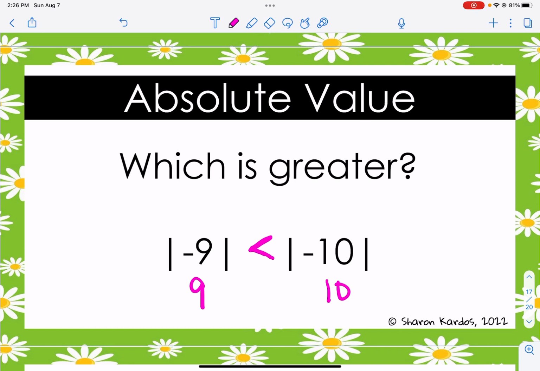Now, I want you to remember that this is different than the answer would have been if there were no absolute value bars. If there were no absolute value bars, then my answer would be this way. -9 would be bigger. But because we have those absolute value bars, it's changing our answer.